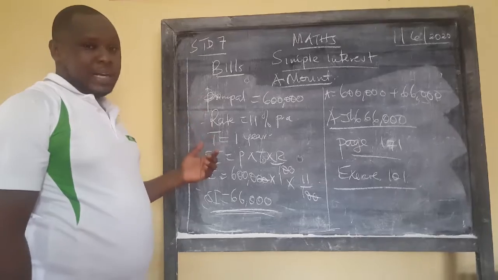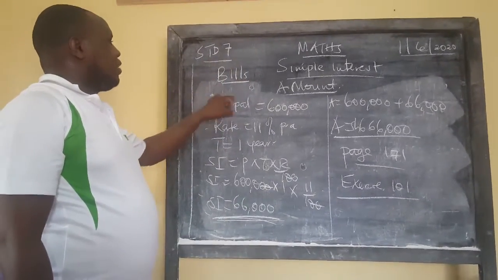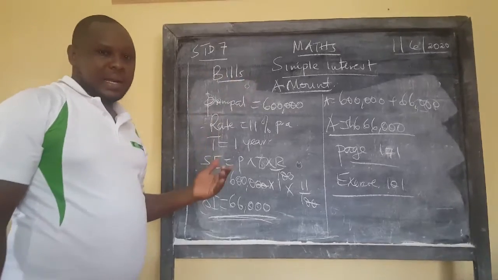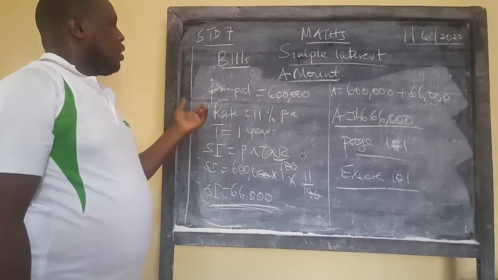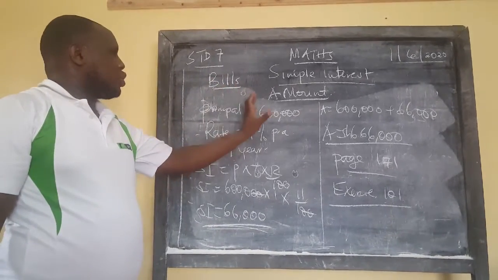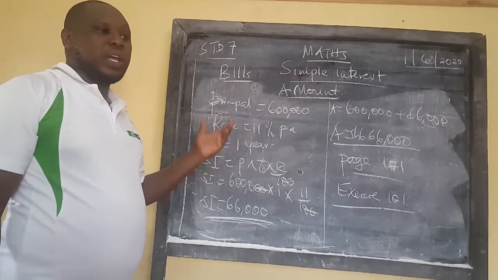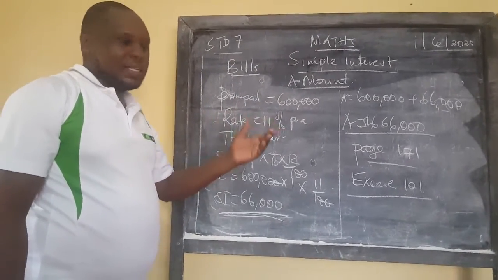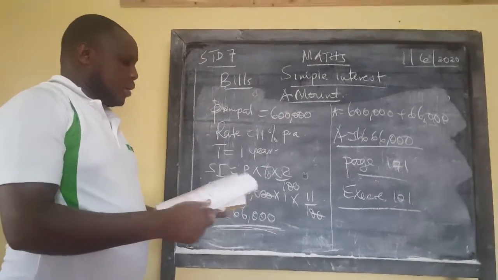So whenever you are given money to go buy some items, say your mommy gives you, you can prepare a bill. What is written in the receipt is what you call a bill. The particulars: there's the number of items and the cost for each one of them, the total cost. Then you subtract from the money you are given and you get the balance. So that's what we will be dealing with in our next topic.